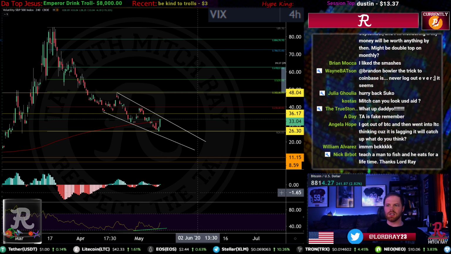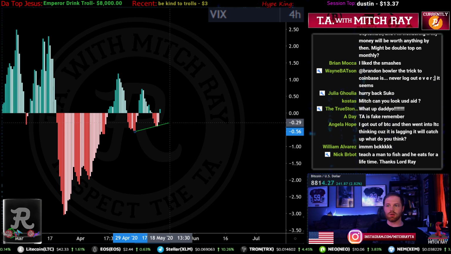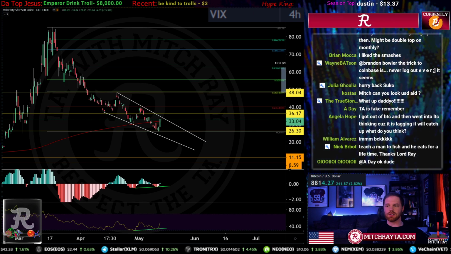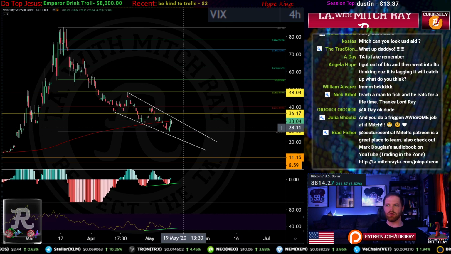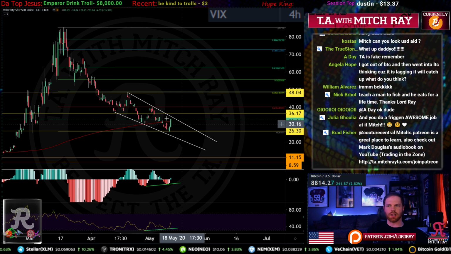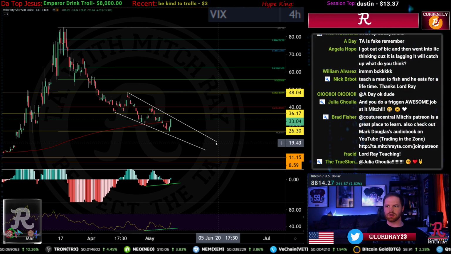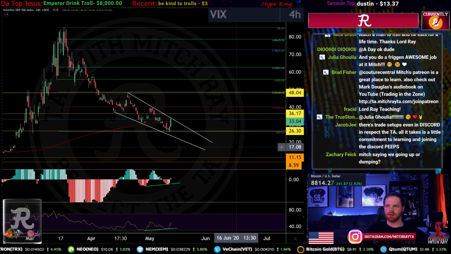So yes, TA does work on the volatility index. Look at this like you'd look at anything else. And yes, it did play out, though you haven't broken a supply line of any sort. So there's still work to do. You've got to get probably more selling in order for that to happen.